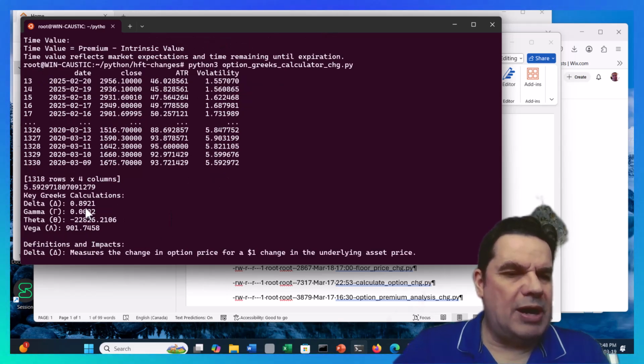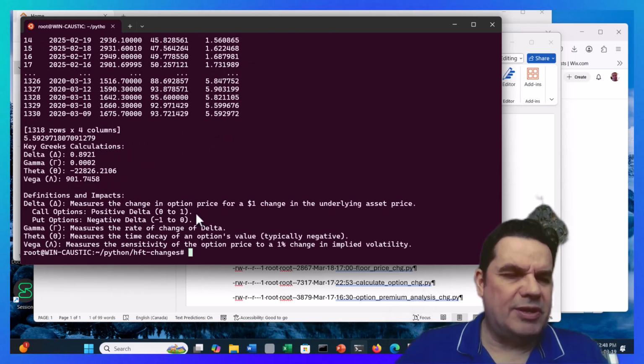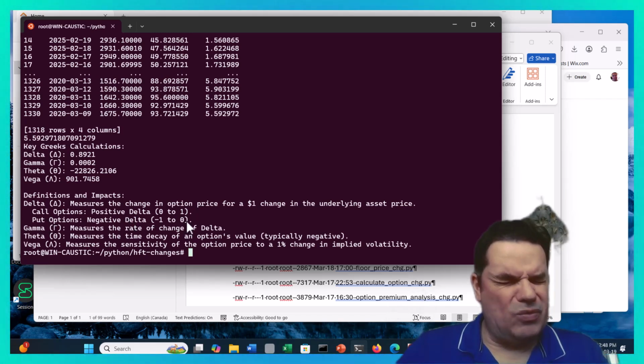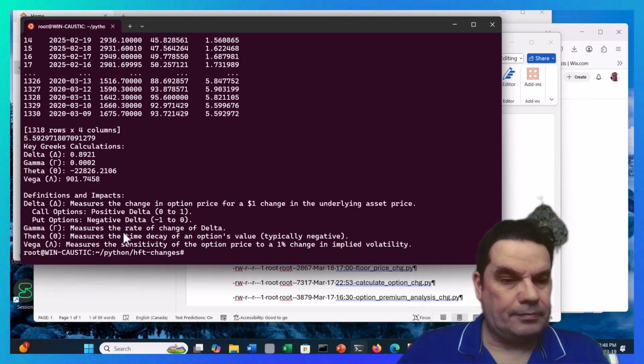But this is the nitty gritty that we're after. People always go after delta, gamma, theta, and vega. So this is what they are. Delta measures the change in option price for a $1 change in the underlying asset price. A call option is positive, 0 to 1, and a put option is negative, -1 to 0.